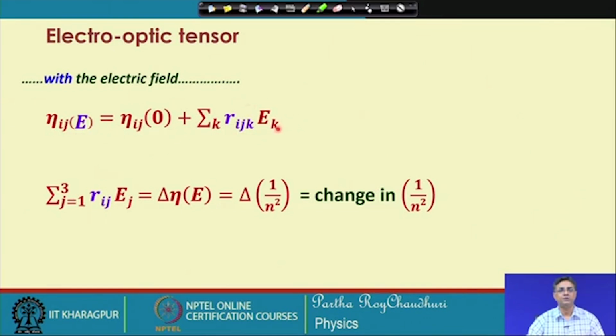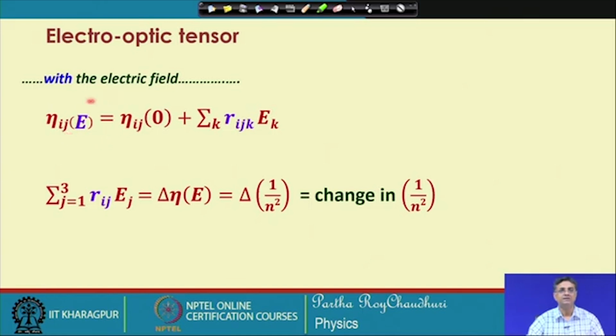By knowing this quantity, because the electric field is known to us and the coefficients are known to us, we can evaluate this. If we evaluate this, then this will give me the change in the impermeability tensor.